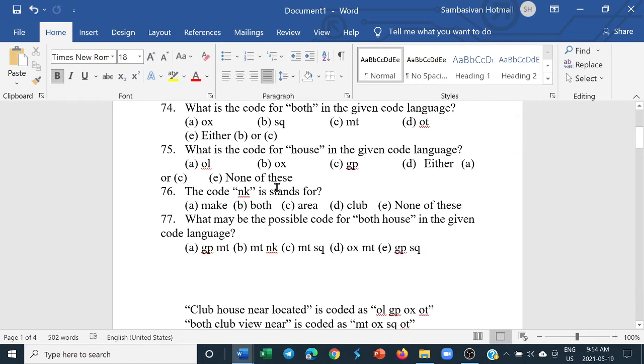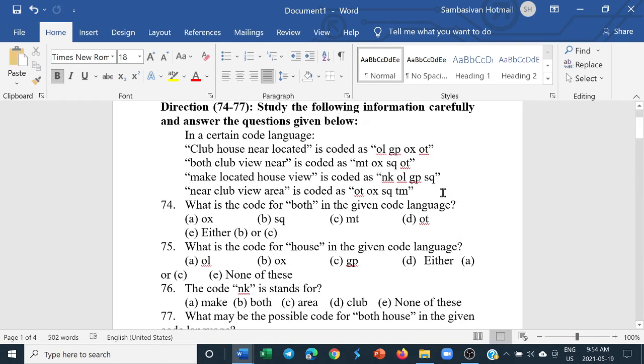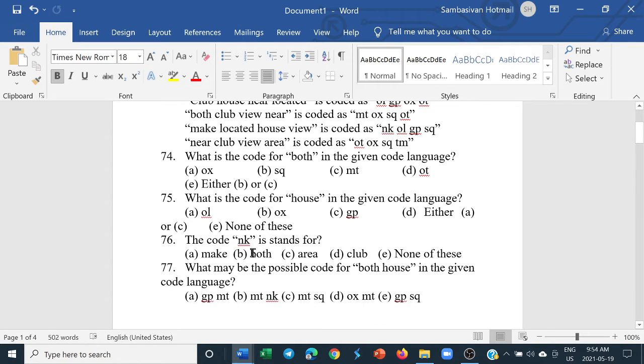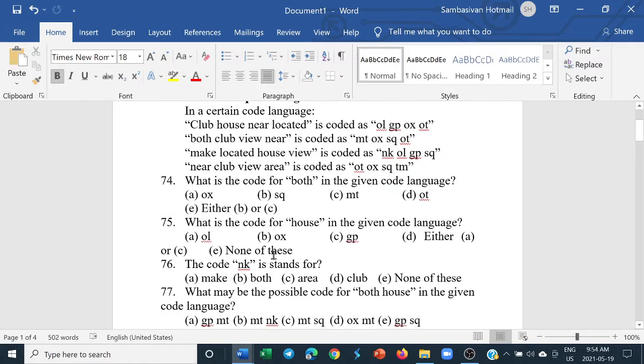Similarly, what is the code for house in the given code language? House is given here in the first sentence, also given in the third sentence. So if we can eliminate certain other words, then we can get the code for house. What is the code for which NK stands for? NK is coming here only.